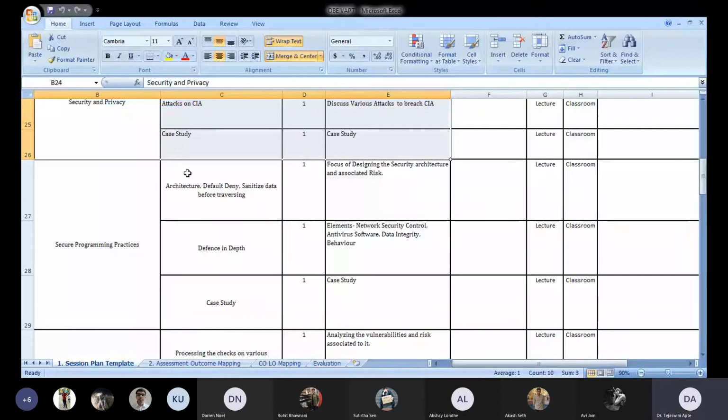You must have learned various SDLC models, the waterfall model, the V-model, and the agile model. Many of these models are not actually imparting security by default.